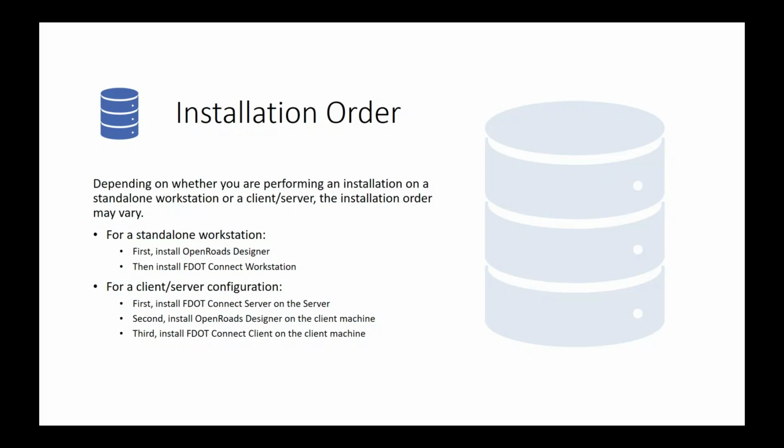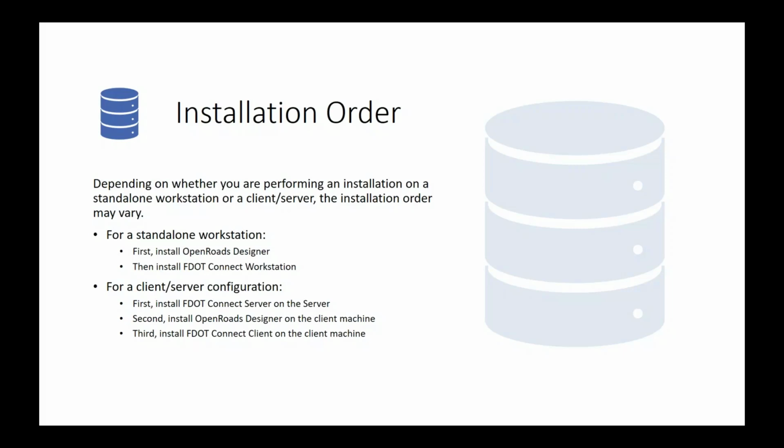For a client server installation, first install the FDOT Connect server install on your CAD server. You can then install OpenRoads Designer on your client machine, following the additional steps described in the FDOT Connect installation guide to specify the custom configuration location as the FDOT Connect folder on your CAD server. Finally, install the FDOT Connect client software on your client machines. So to summarize, you install the FDOT Connect server first so that you know where the location is.